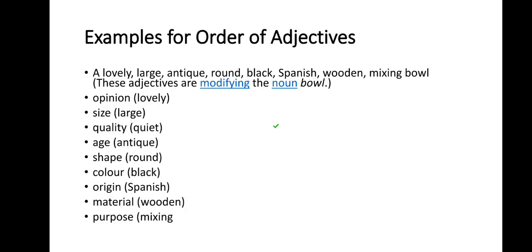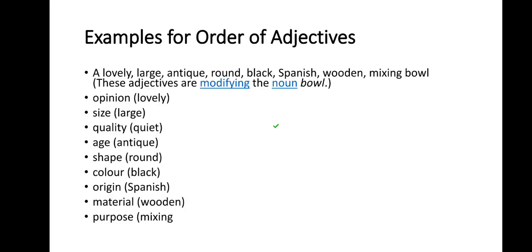The given noun or the subject of the sentence is the word bowl. But all these words, lovely, large, antique, are describing words, adjectives. But when you use them in a sentence, you have to follow the given order.